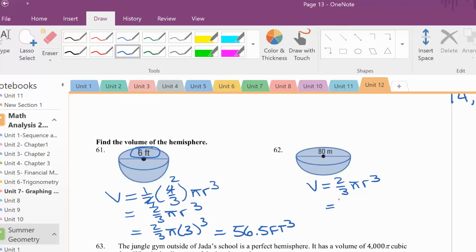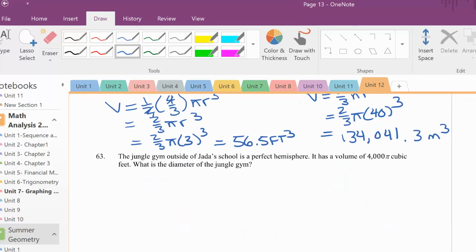So here, the radius is 40, because that gives you the diameter is 80. So 2/3 pi times 40 cubed, and that gives you 134,041.3 cubic meters.